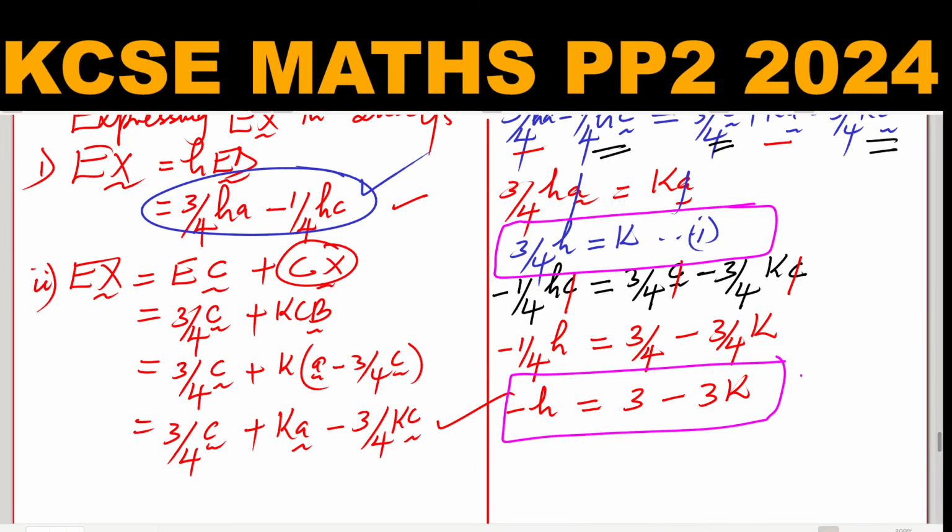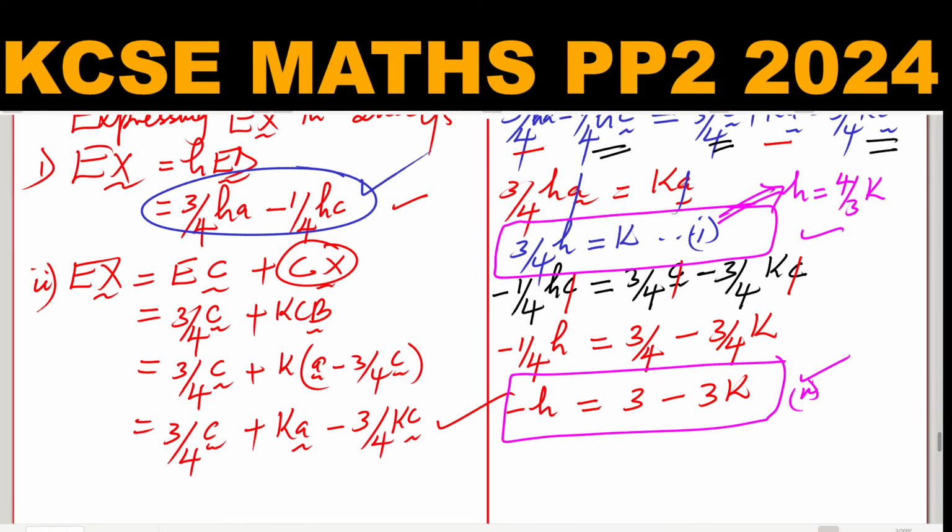So you can use any suitable method, for example substitution. If I make h the subject here, you just multiply both sides by the reciprocal of 3 over 4, that is 4 over 3. It will be 4 over 3k.